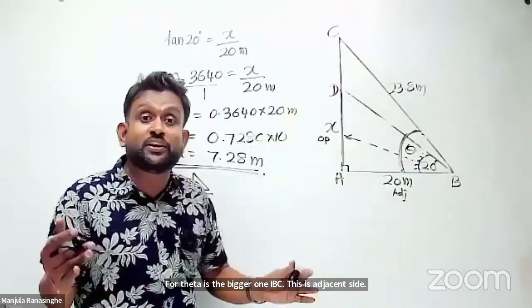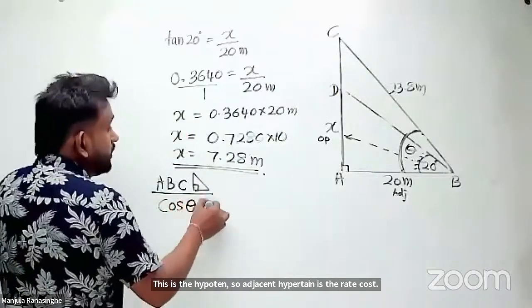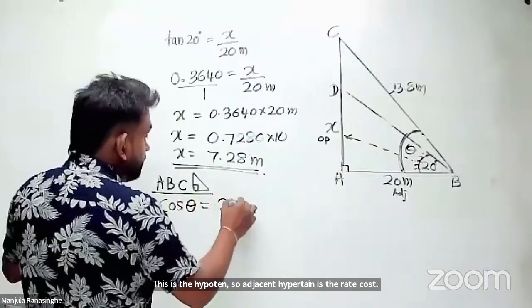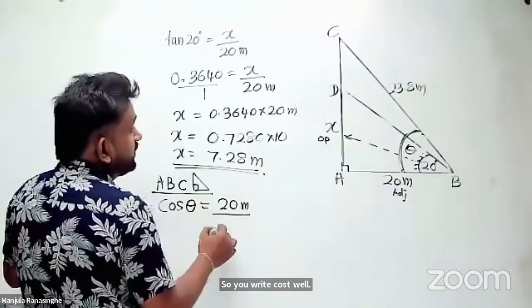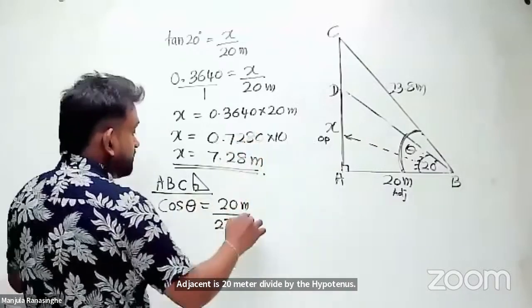Adjacent and hypotenuse deal with cos. So cos theta equals adjacent, 20 meters, divided by the hypotenuse, 23.8 meters.